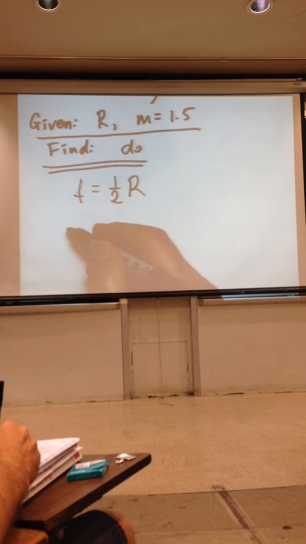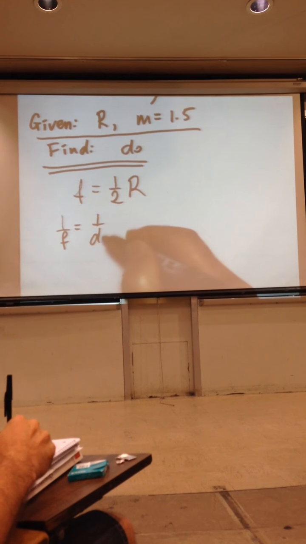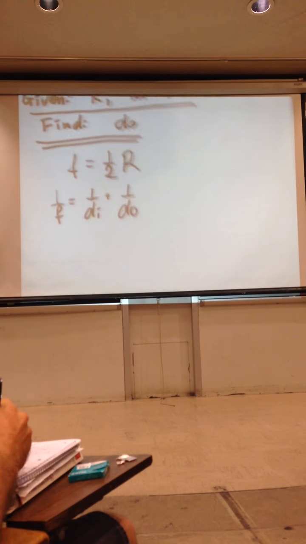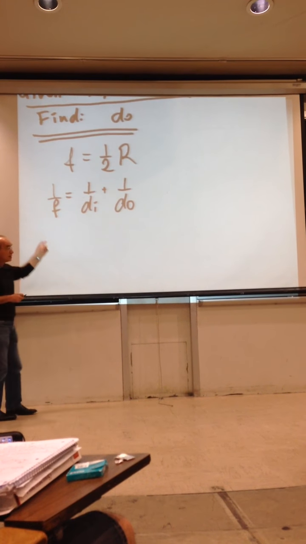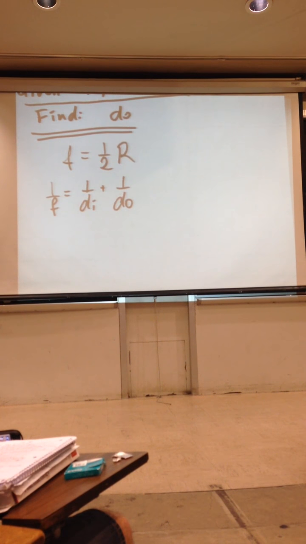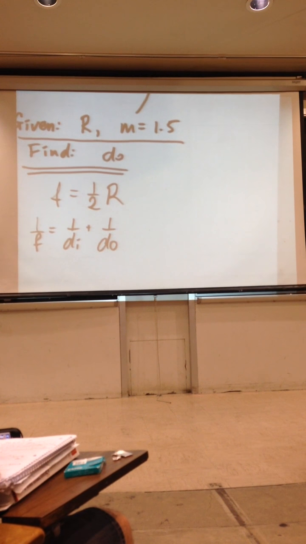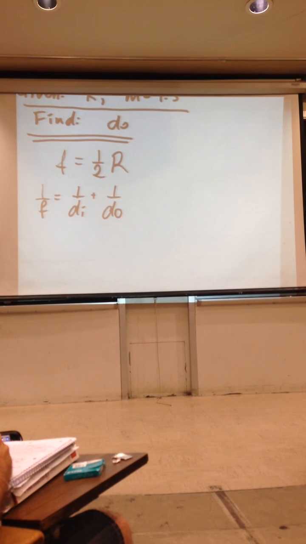So you know the mirror equation: inverse of focal length is inverse of image distance plus inverse of object distance. You could determine the object distance from here if you knew the image distance, which is not given. However, the magnification is given. So it means that you can use magnification somehow to find the image distance.